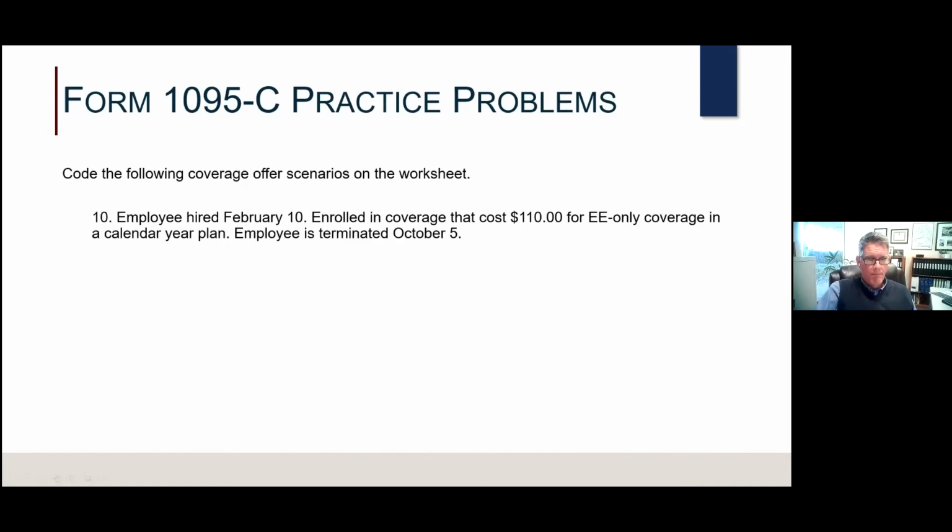Pretty straightforward. Okay, number 10. The employee hired in February enrolls in coverage. It's $110 per month, and then the employee leaves employment in the month of October. What's that form going to look like?